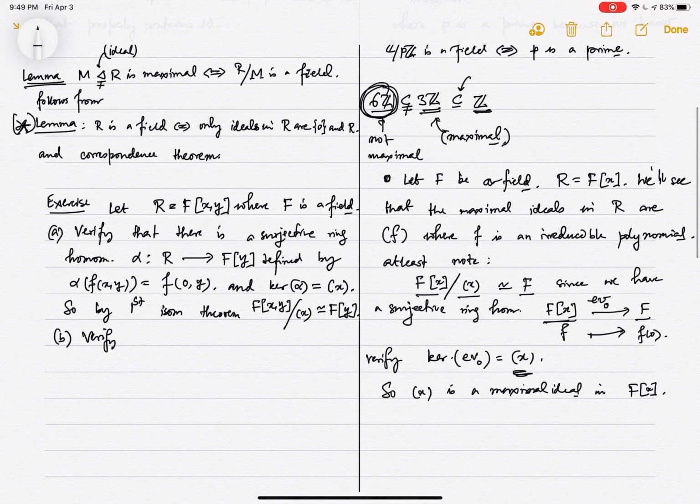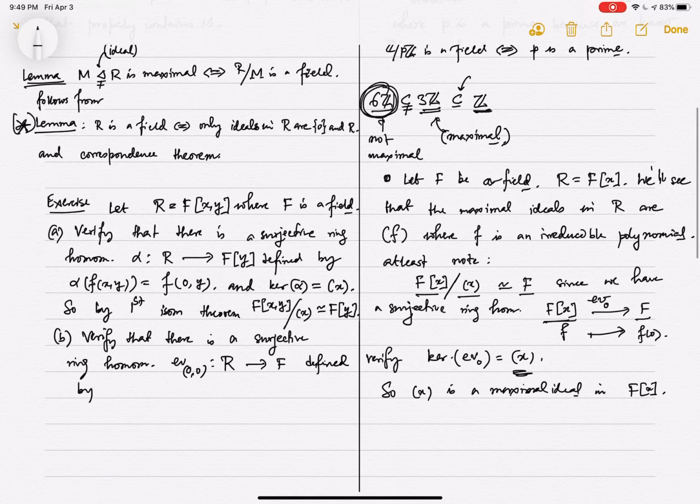Verify that there is a surjective ring homomorphism, evaluation at (0,0), from this two-variable polynomial ring to F, defined by evaluation at (0,0) of f equals f(0,0).